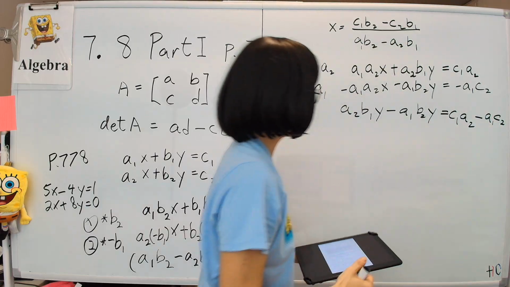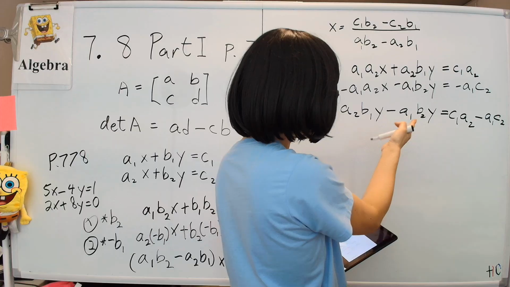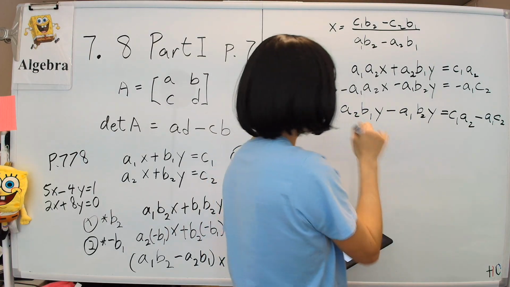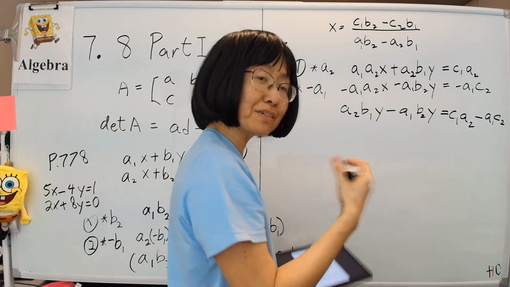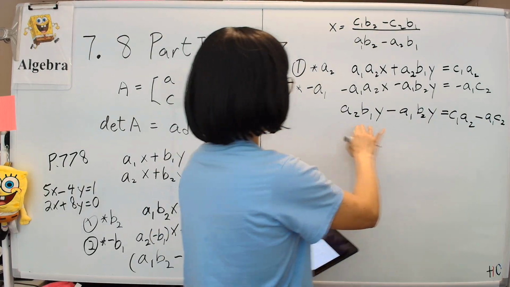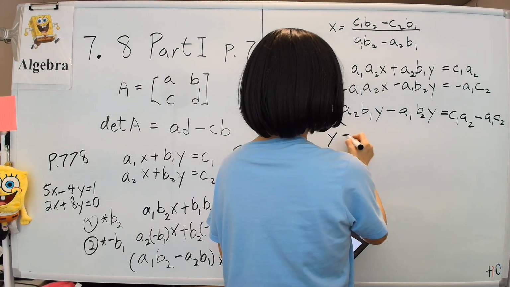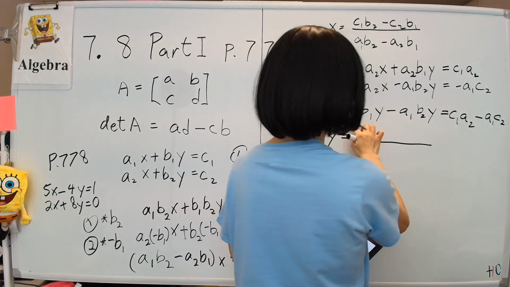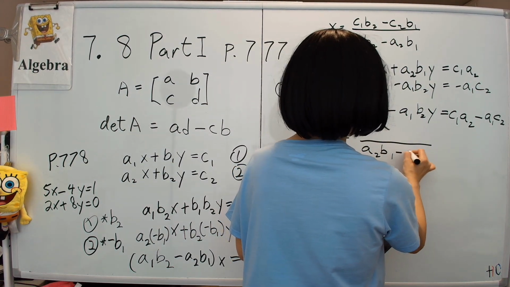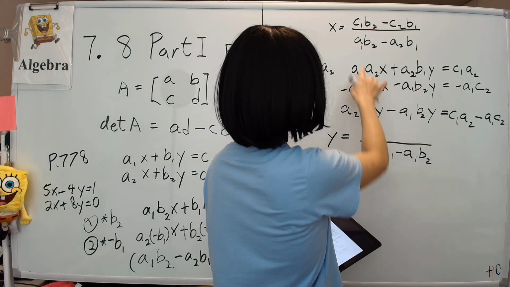You notice there's a pattern of the numbers going back and forth. A2 B1, and then A1 B2, and C1 A2 and A1 C2 and all that stuff. So Cramer's rule is really symmetrical that way, and that part is pretty nice. As a result, we'll get something similar for y, so y equals this stuff, and we'll write down A2 B1 minus A1 B2. Notice that that's the same as the denominator here.